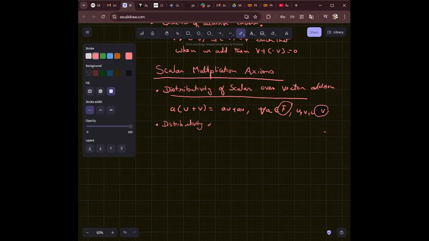So (a plus b) times v equals av plus bv, for F3, where a, b are elements of scalars, say F, and v is a vector element from the set of vectors V.